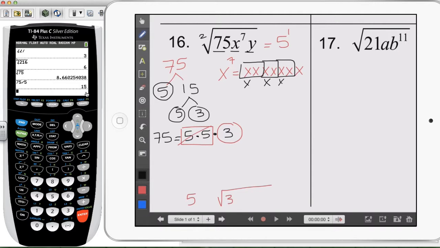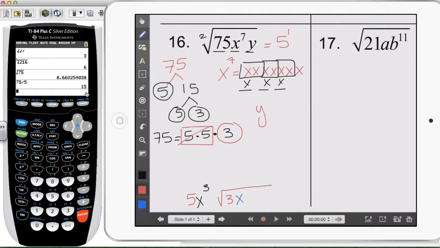So I can write x for the first group, x for the second group, and x for the third group. So x times x times x is x to the third, okay? Now, as you can see, there is a lonely x that does not belong to any group, so that is going to stay inside the radical. Now let's think of the y.